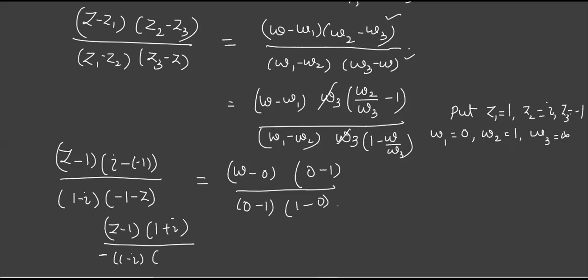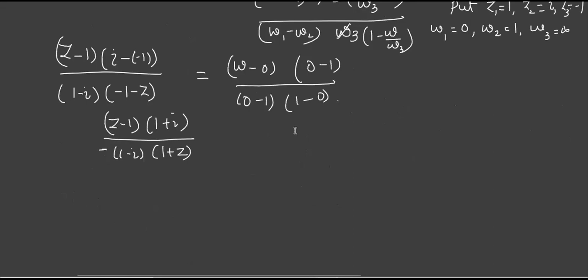If I take a minus out, what will you get? 1 plus Z. Now luckily so many terms are getting cancelled and the coefficients are not complicated. That's why I said you are very lucky. So this is like minus 1. This can be cancelled with this minus 1. Tell me what is remaining then. Only W.